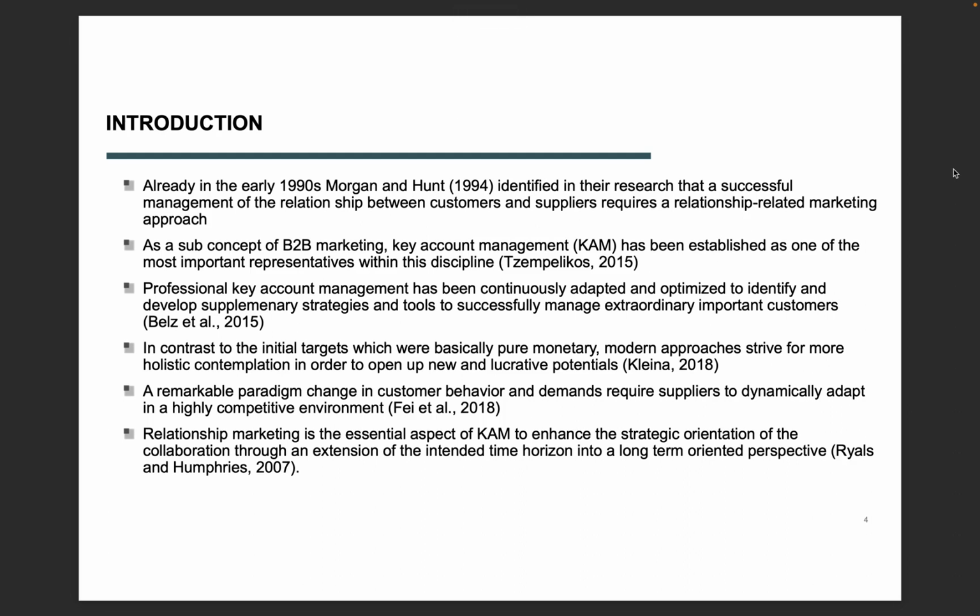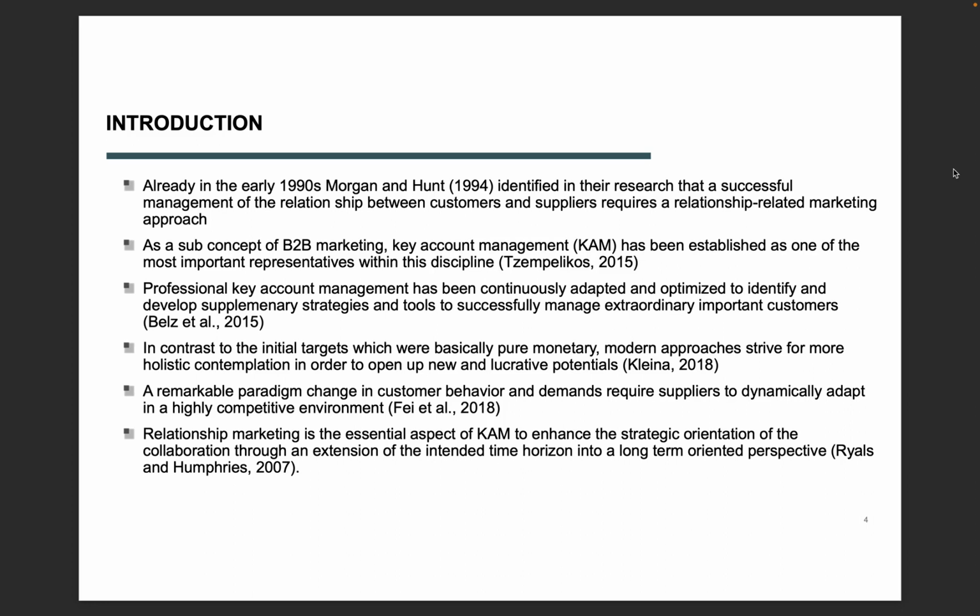So first, the introduction. As already identified in the early 90s by Morgan and Hunt, a successful management of a relationship between customers and suppliers requires a relationship-related marketing approach.